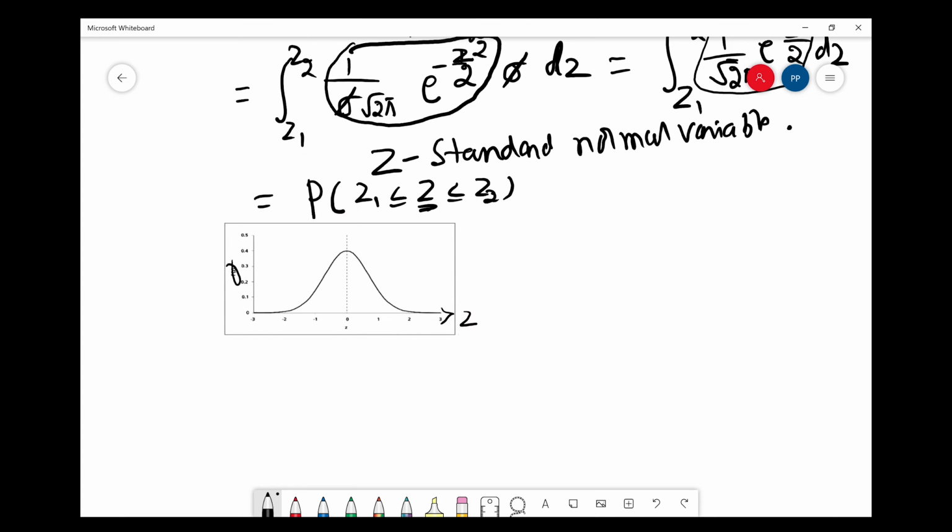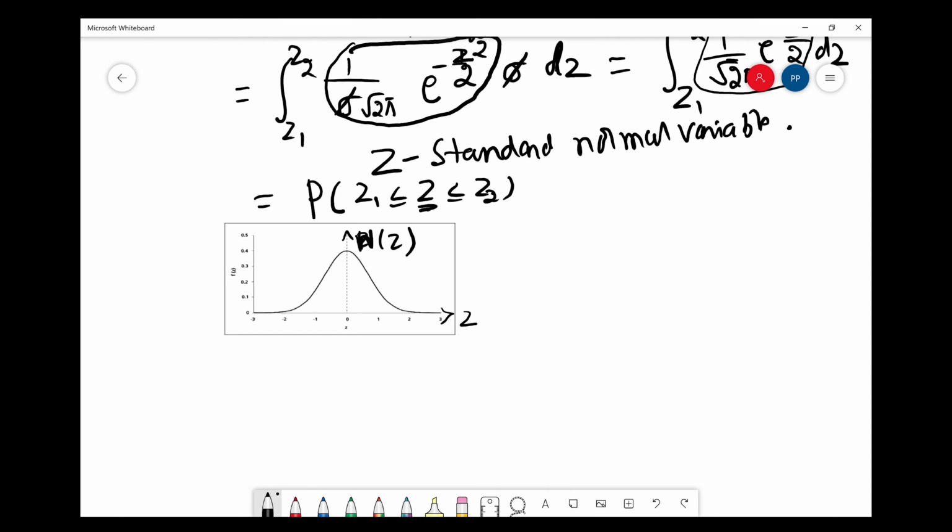They write f of z, or you can write it as n of z. Now the curve is symmetric about this line n of z, similar to the y-axis, and you can see minus 1 to 1, minus 2 to 2, minus 3 to 3. And the curve is symmetric.